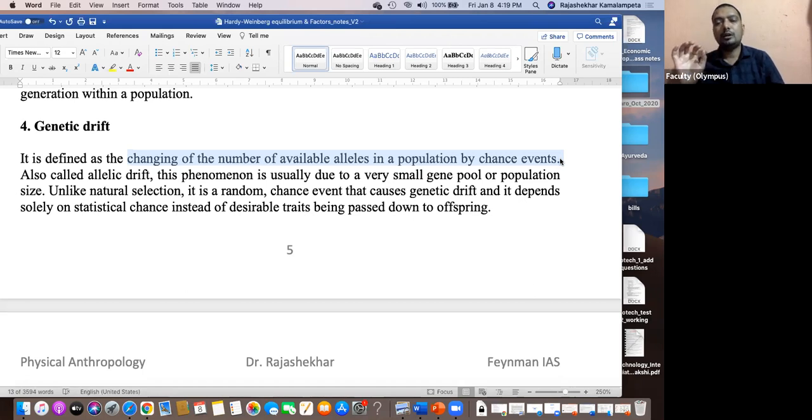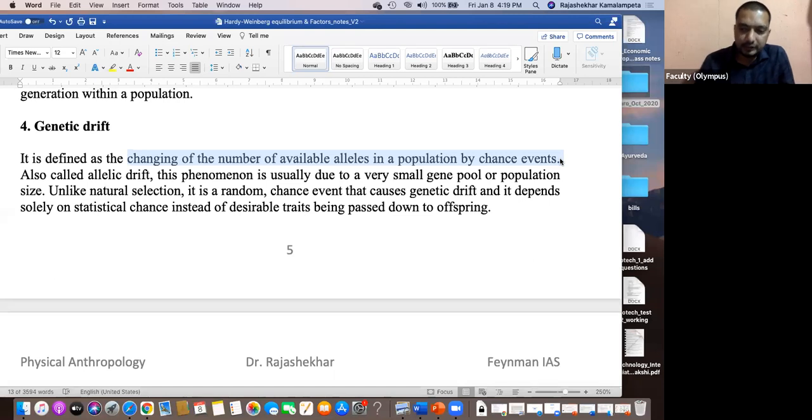But this chance cannot cause a huge impact on big, large populations. The impact will be high on small populations. So a random or chance event in a small population results in genetic drift. What do I mean by that?